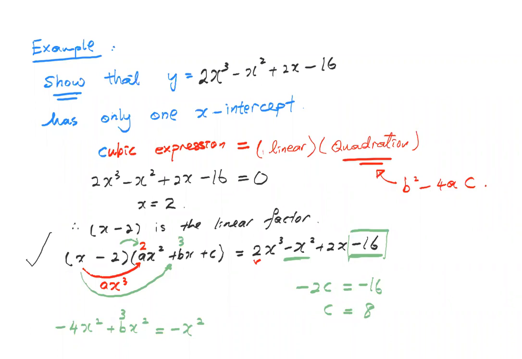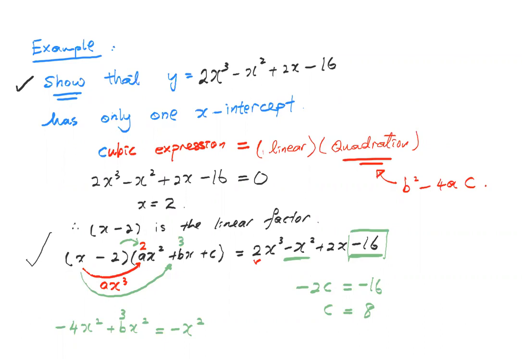So cubic function done. So why do we need to learn b squared minus 4ac? This is the situation when they ask you to show, when you are doing chapter 2, correct? I may set a question like that.